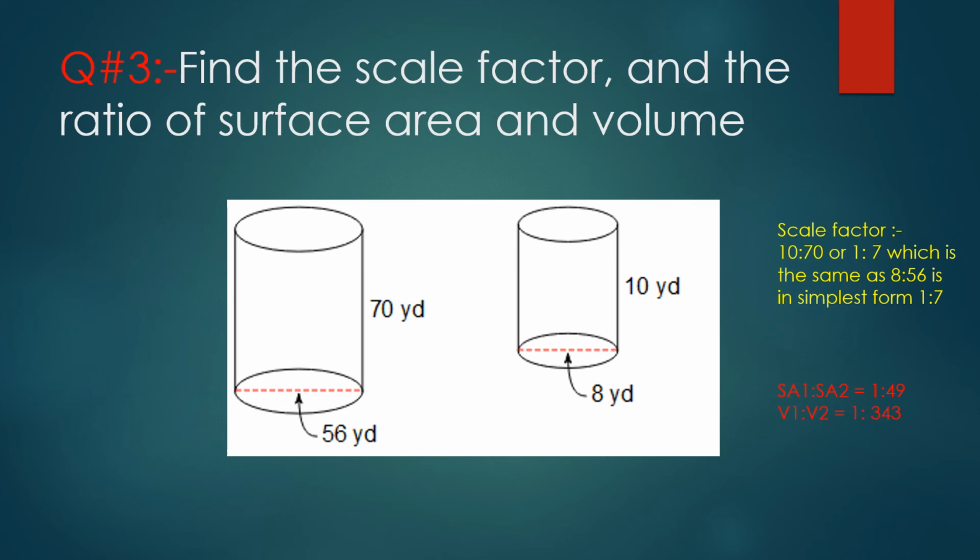And the volume ratio, or volume 1 to volume 2, is 1 to 343. Again, we obtain this by cubing 1 and 7. 1 cubed is 1, 7 cubed is 343.